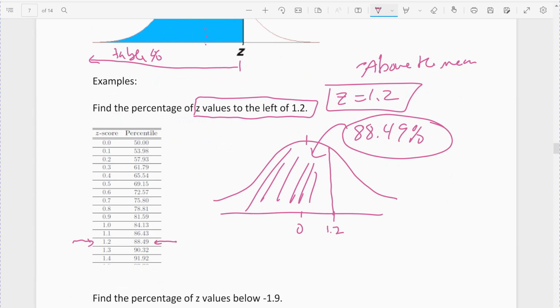That's the area below that z-score, or percent below. I keep saying area because I'm used to doing this in calculus, and we talked about it in terms of area.